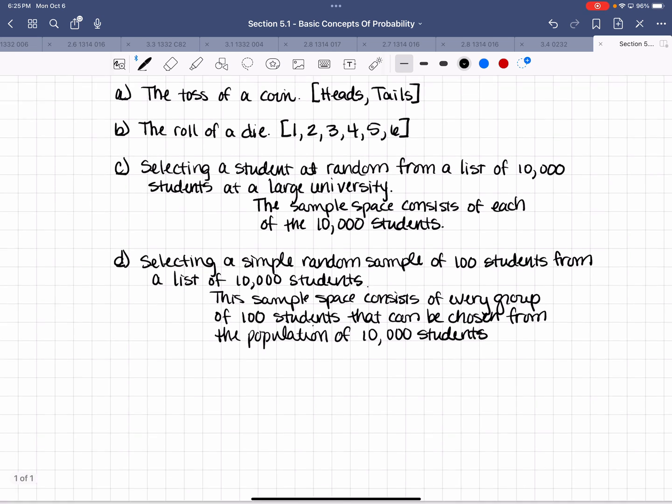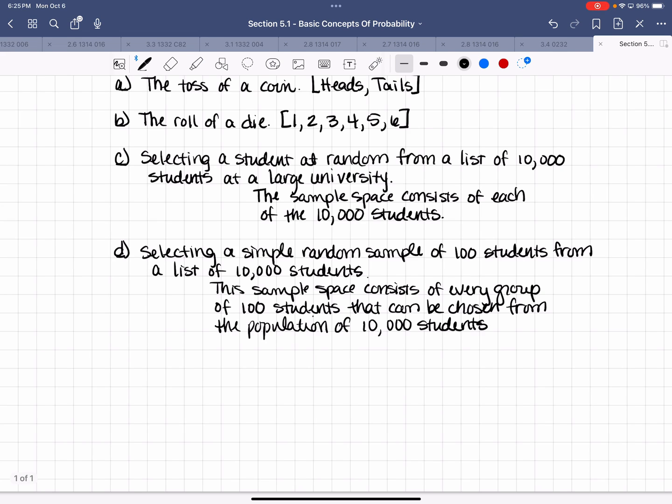Okay? So it's every possible random sample of size 100, which eventually we will learn how to calculate, but I mean, it's a lot. It's a lot. Okay?